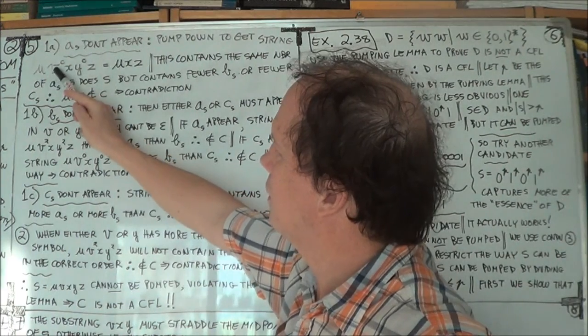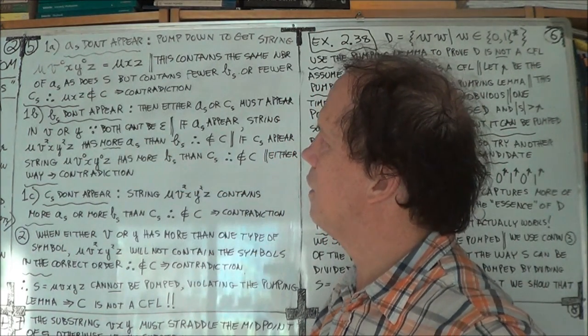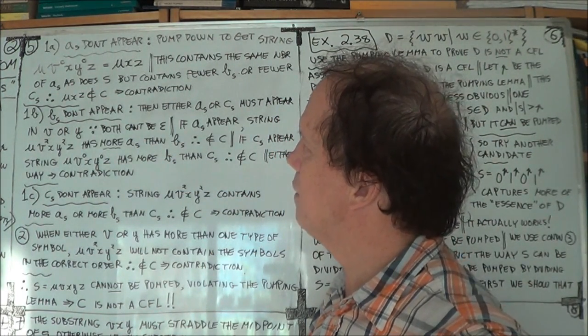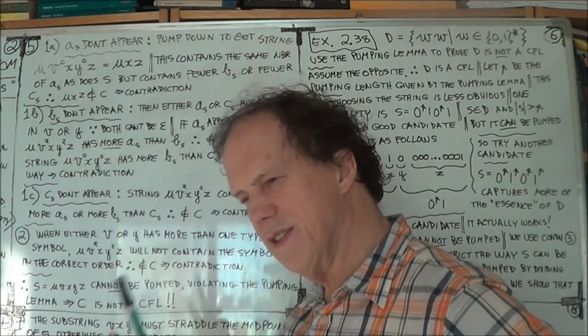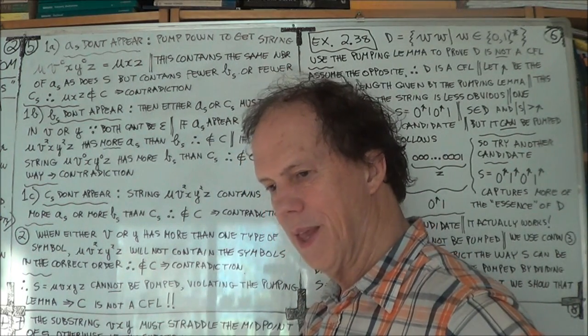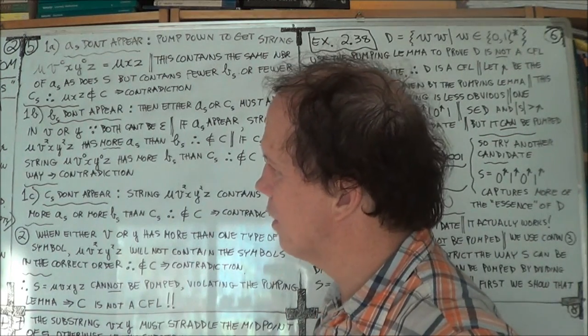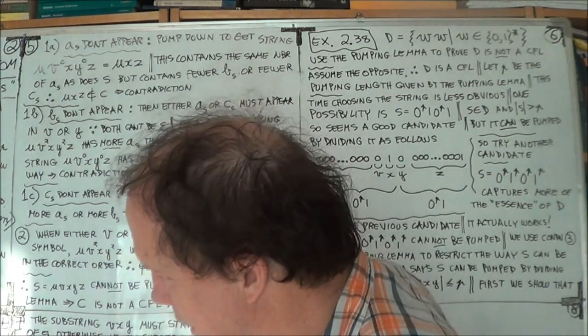But the V's, if V consists of all B's, then the number of B's has gone down by 1.